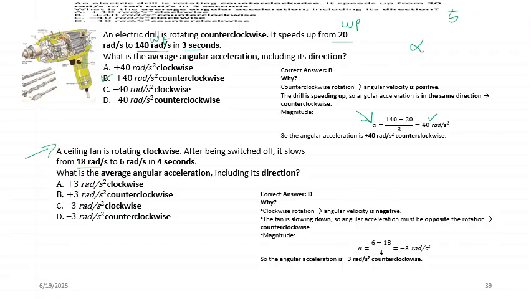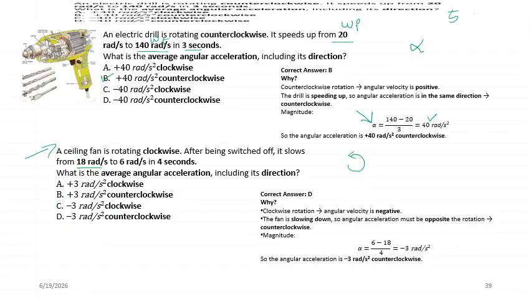And this is the contradictory part. If it is slowing down, see which option you will select. It is rotating clockwise, but there is a negative sign, which indicates the direction will be exactly opposite, counterclockwise.